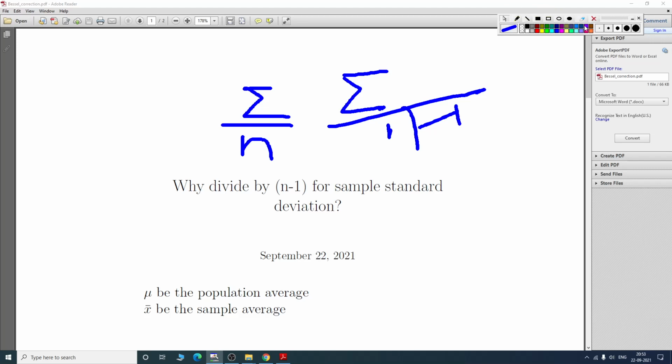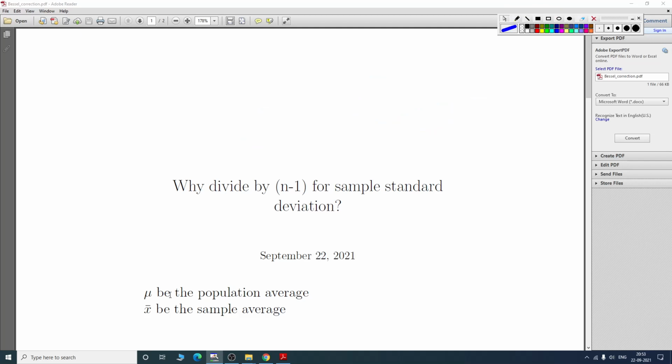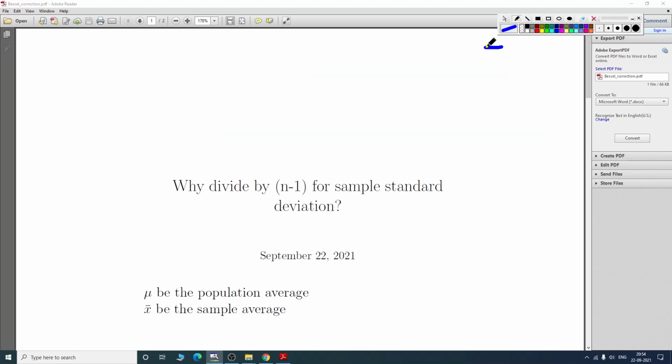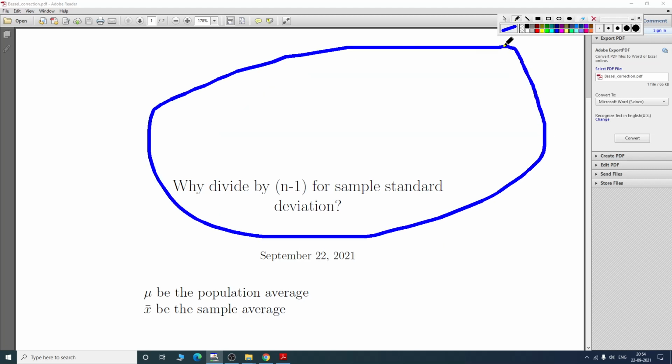Let mu be the population average and x bar be the sample average. When we say population, it means all the elements that constitute it. But a sample means we are selecting some elements and constituting a sample.